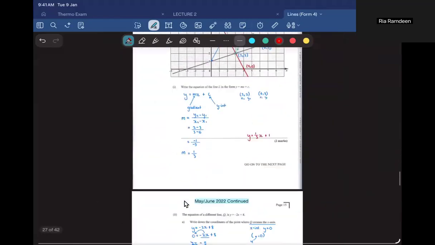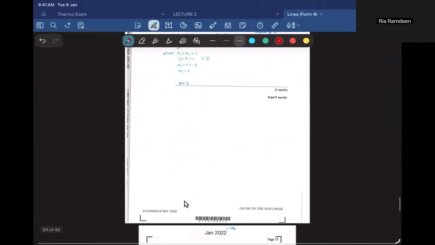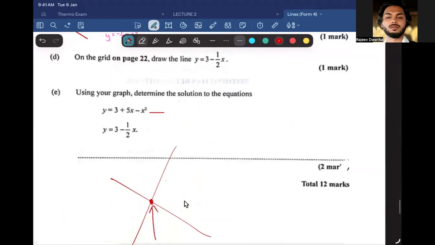Okay. Anytime they ask you for the solution and they give you two graphs, you're looking for the point of intersection. That's what you're looking for, right? So I'll make a note about that.